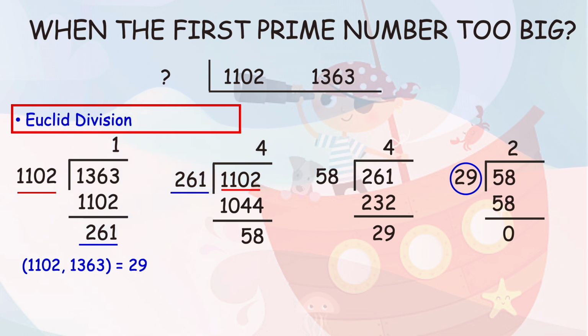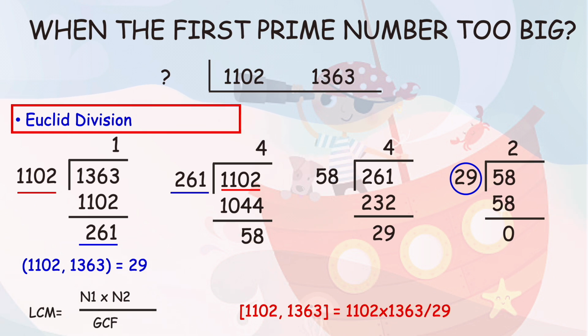Using this, we can also calculate the LCM. The LCM is the product of these two numbers divided by the greatest common factor. So we just write (1102, 1363), and the square bracket [1102, 1363] is equal to their product divided by 29. You can calculate it.